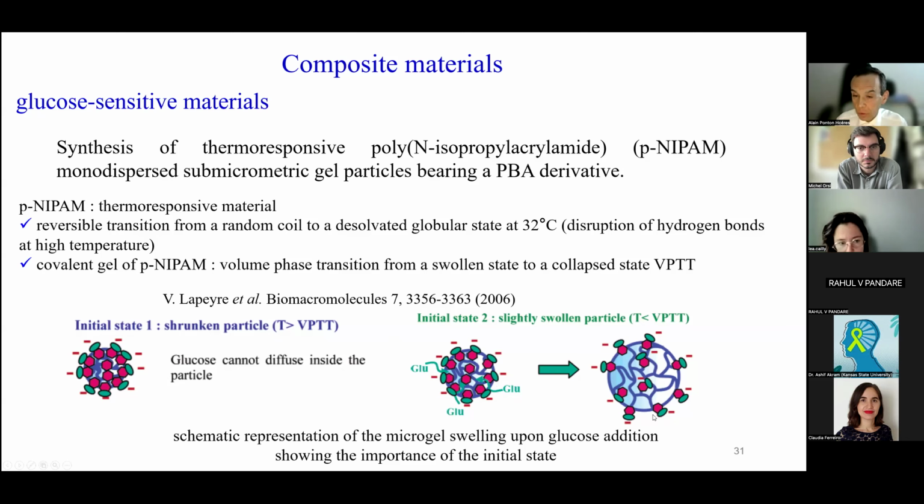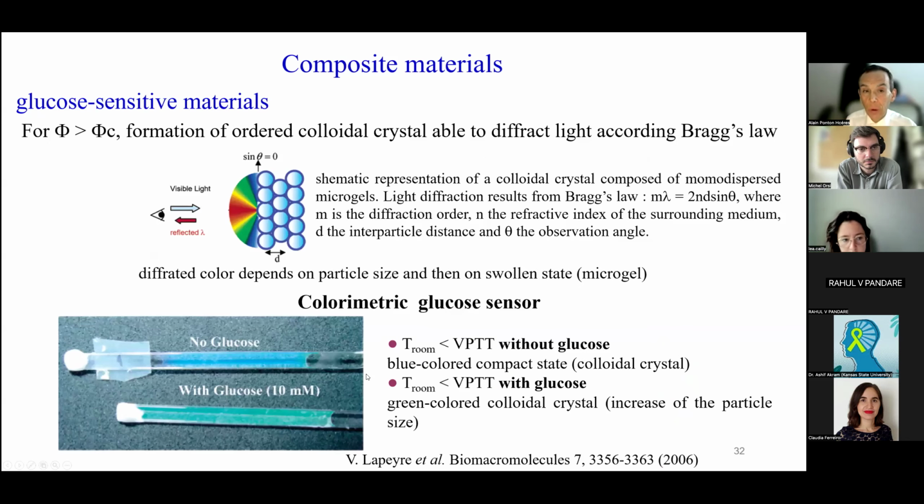And you can use this property to elaborate the sensor for glucose depending on the temperature. Here you can see the difference of color, meaning that in one case you have no glucose and in the other case you have glucose. The change of color is induced by the formation of colloidal crystal which diffracts light.